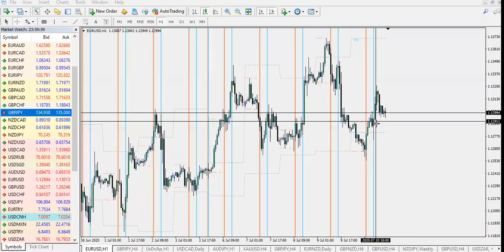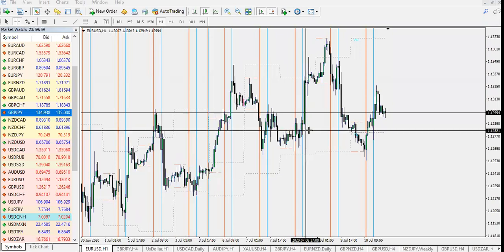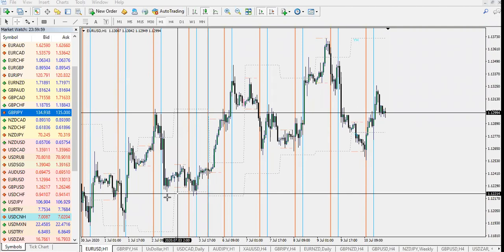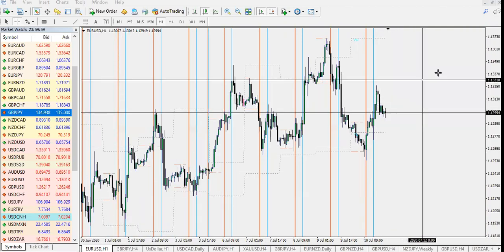So it is very likely that they will continue to take out the lows of previous days, creating a bearish market structure where they create lower lows instead of making higher highs.